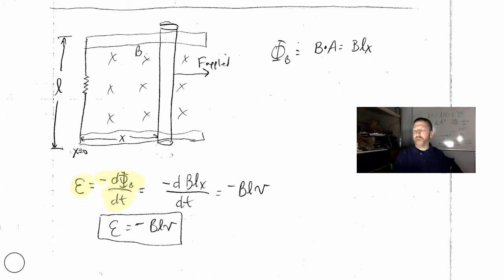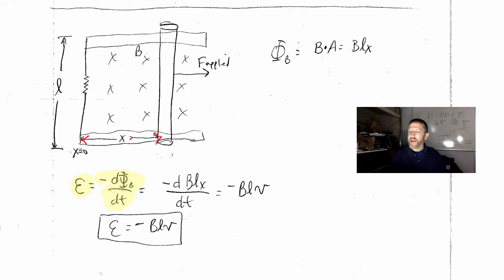What is the magnetic flux? Let's review that. Magnetic flux is what dotted on what? B dotted on A, or the integral of B dotted on dA. Luckily, this is just a constant B field. The A, though, is changing, so let's see if we can get an expression for A. The flux is B dot A. That is just going to be B, the magnetic field, times L, the length of this conducting bar, times x, how far it is from our zero point.